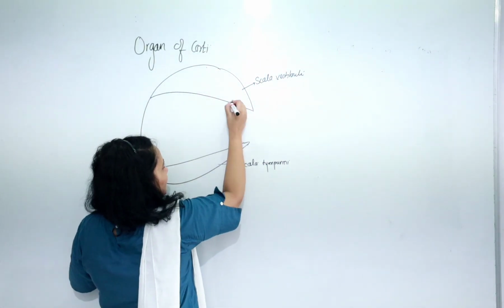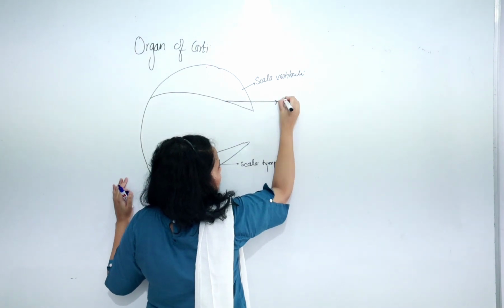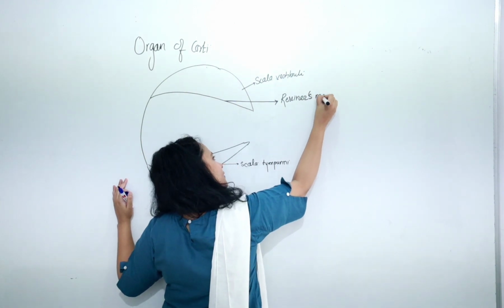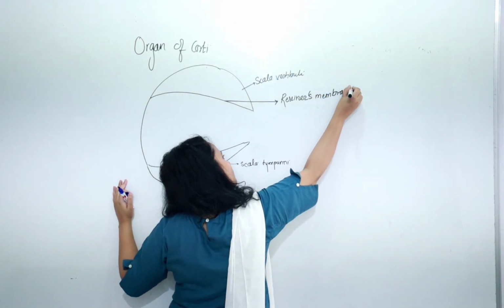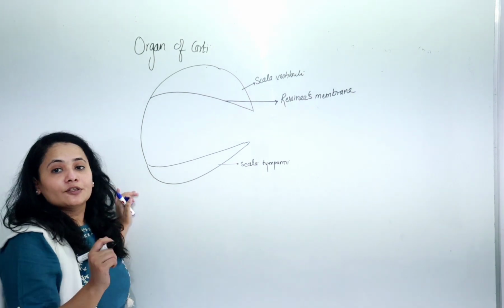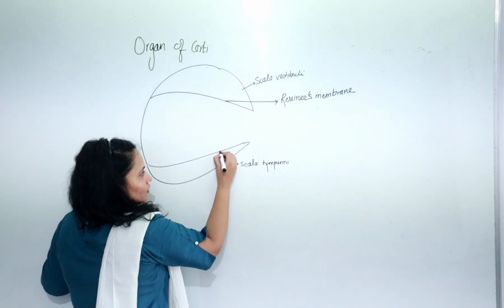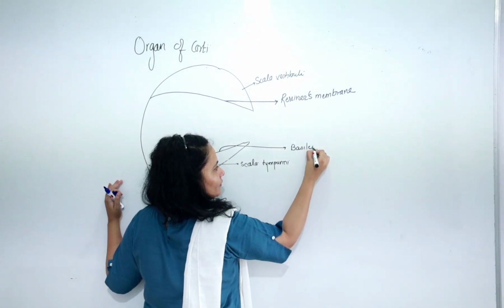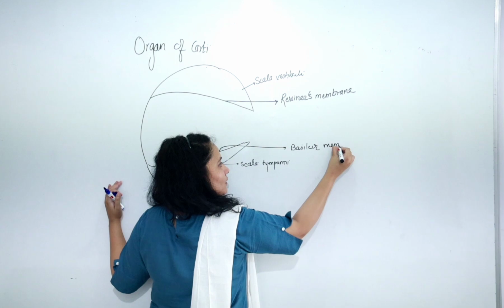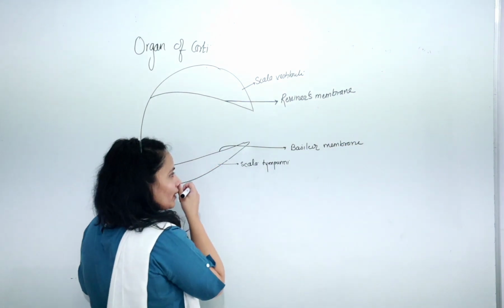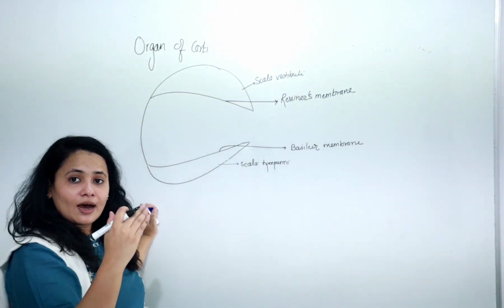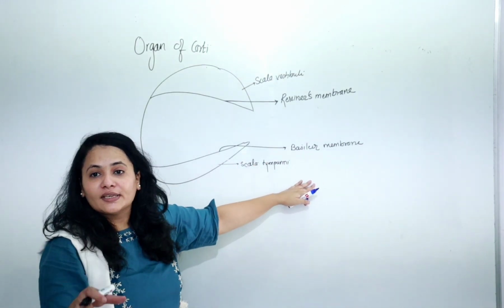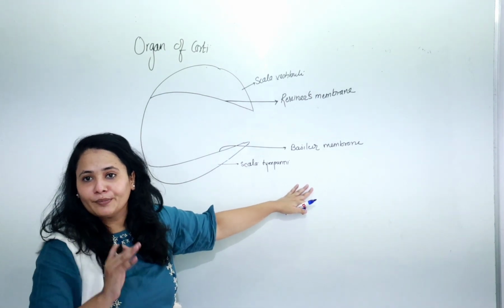Now this upper membrane here is called Reissner's membrane. Whereas the lower membrane is called the basilar membrane. What you have to remember is that the roof, R, stands for Reissner's membrane, and the lower or basal part is known as the basilar membrane.